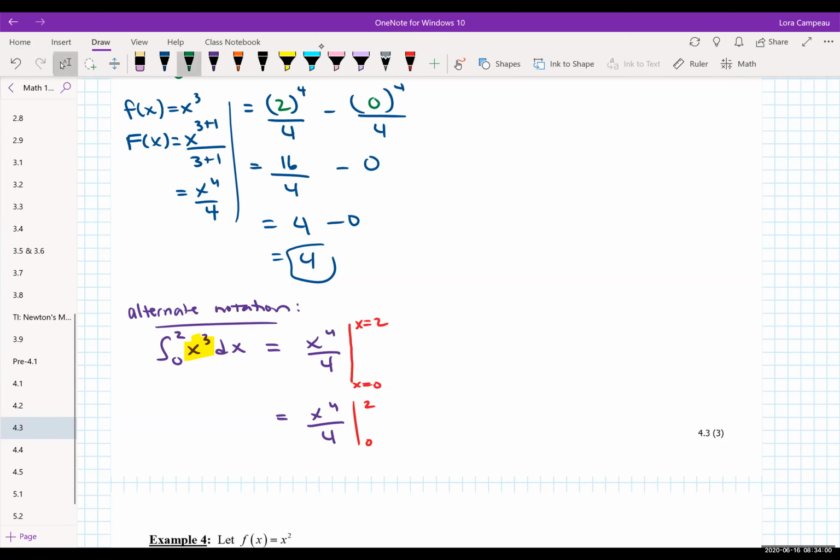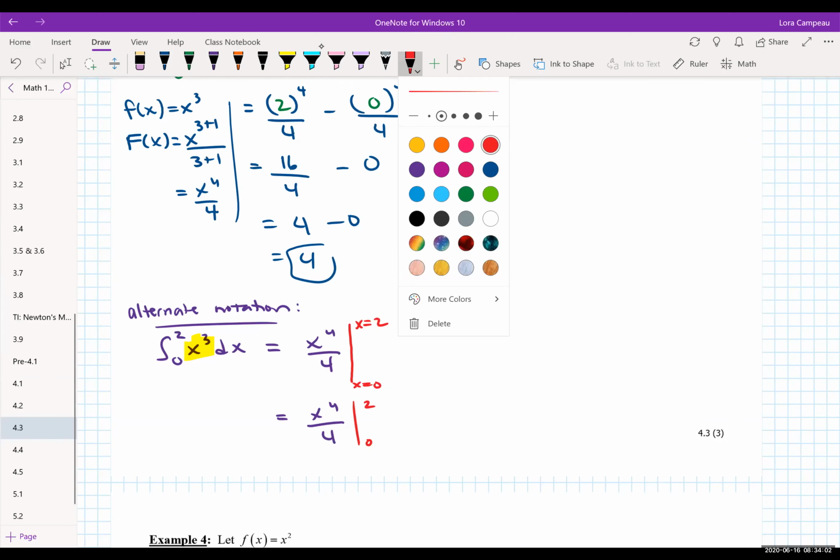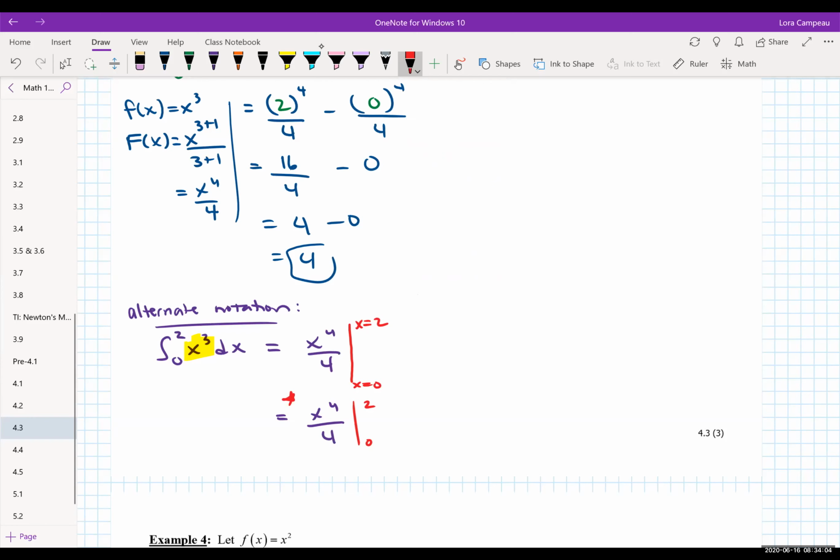I prefer that we start training ourselves; this is nicer to show. Then you can show that it's the same thing as 2 to the 4th over 4 minus 0 to the 4th over 4, and we're still getting the same value, 4, no matter what. So these are some new things to play with, but you will get used to them, I promise.